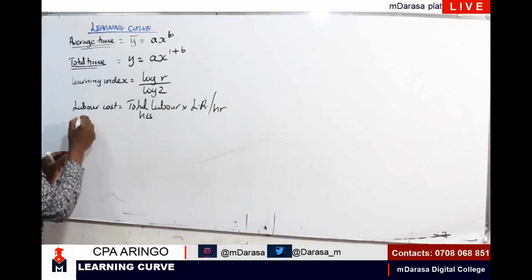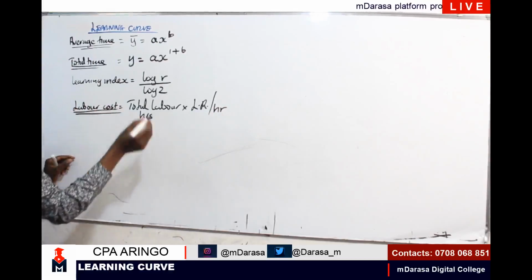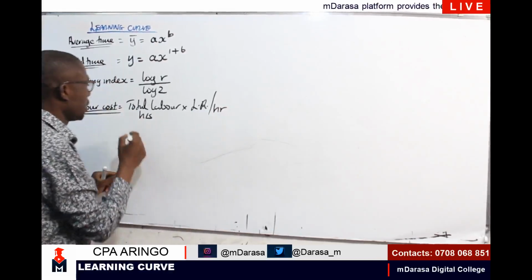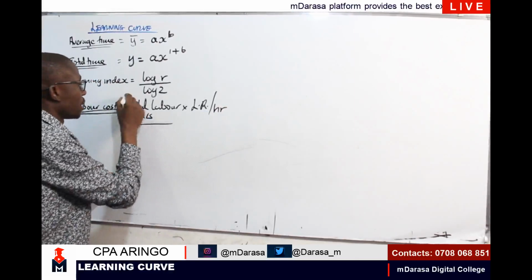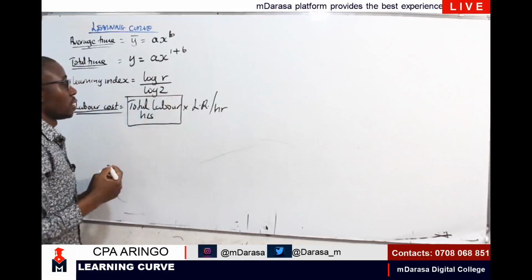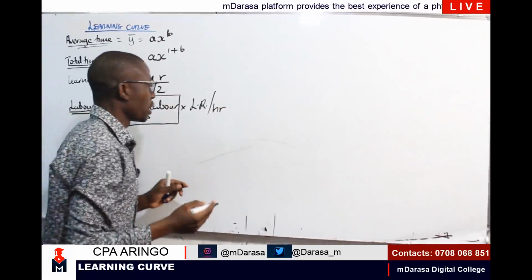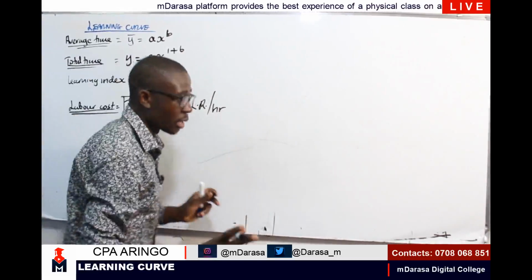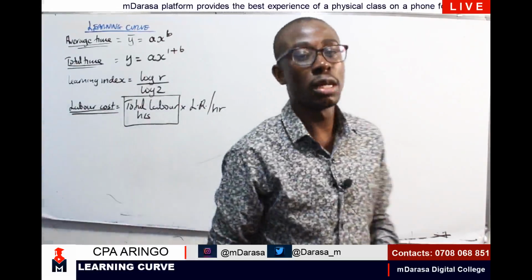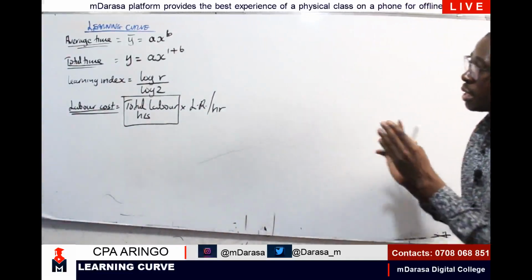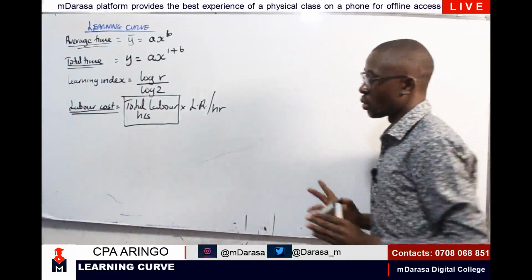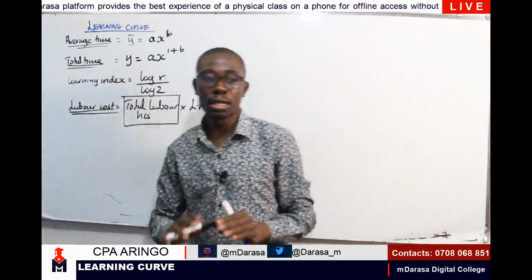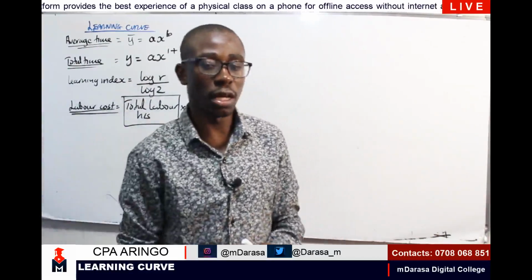This is what will give us our total labor cost. So learning curve will come in to enable us to determine the total labor hours, or, if I'm given the aspect of cost, it will enable us to determine the whole total labor cost. That is a key concept that we studied in our last class, and what you need to understand anytime you're talking of learning curve.